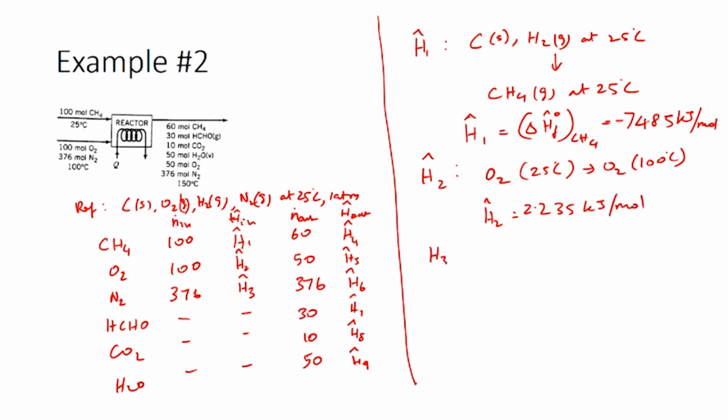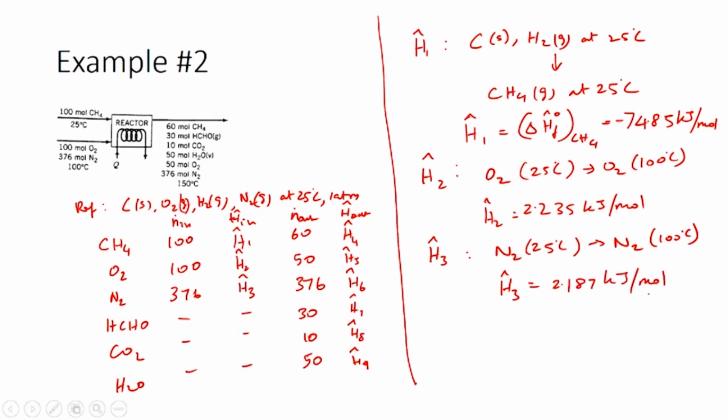Similarly, H3 cap is the process where nitrogen at the reference state of 25 degrees Celsius is heated to nitrogen at 100 degrees Celsius, and this H3 cap is equal to 2.187 kilojoules per mole from the enthalpy table for combustion gases.